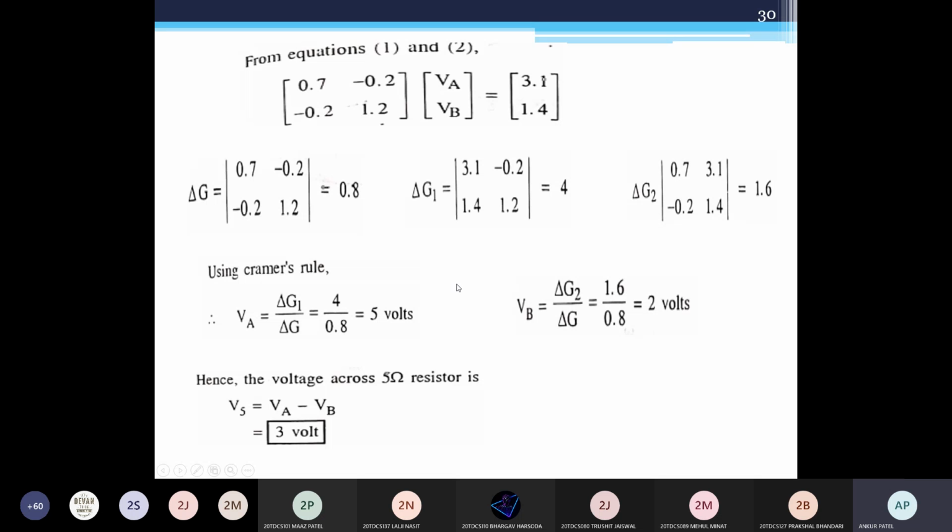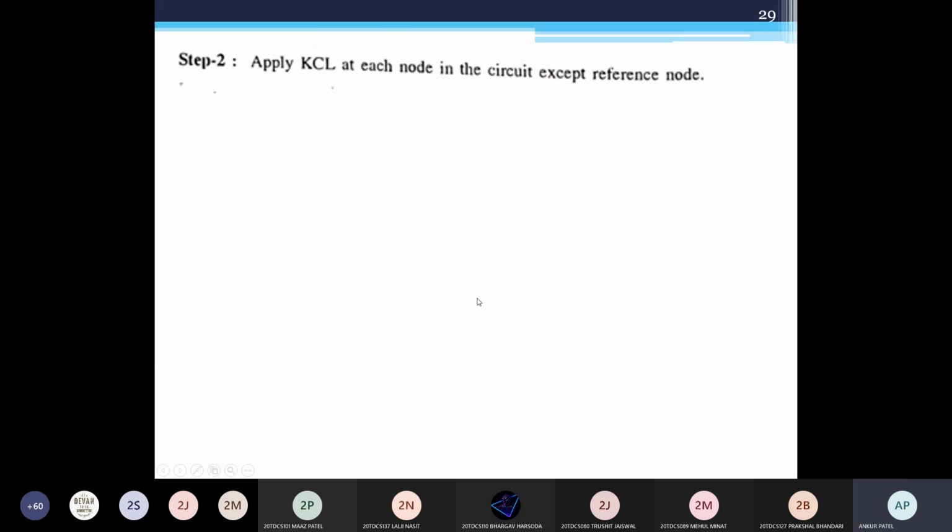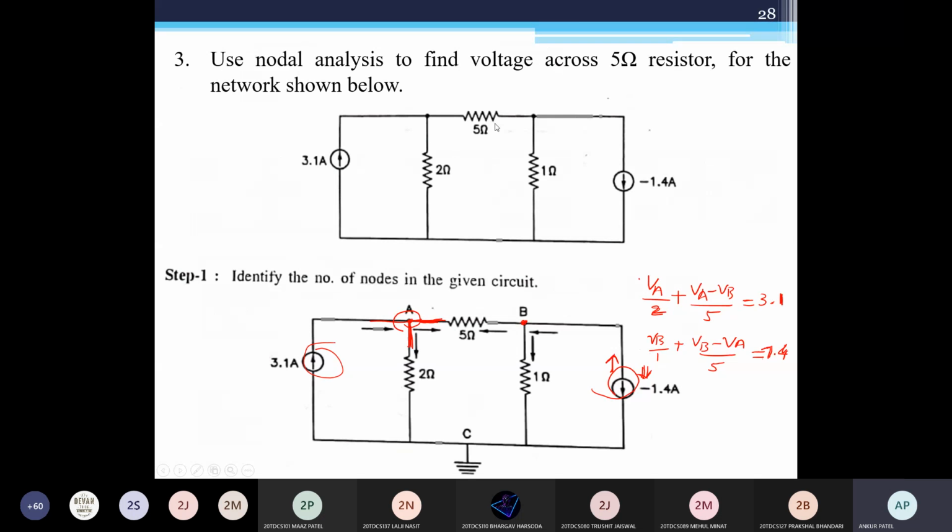Suppose you are given the voltage across the 5 ohm resistor, then you can write it in the equation. Knowing the potentials, you can consider either VB minus VA or VA minus VB.